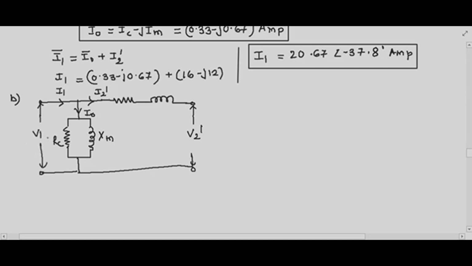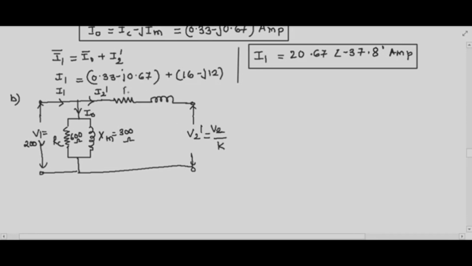What is the applied voltage? It is equal to 200 volts. What is RC? 600 ohm. Right? XM 300 ohm. Right? What is V2 dash? V2 dash is nothing but V2 by K. Okay.